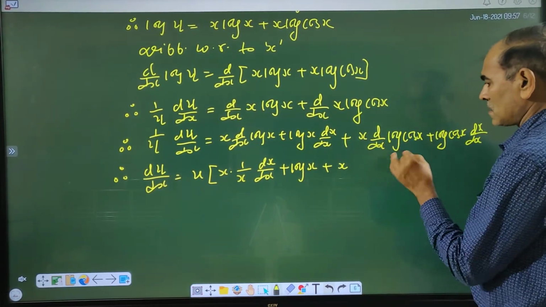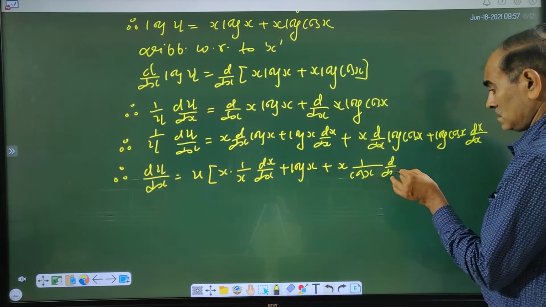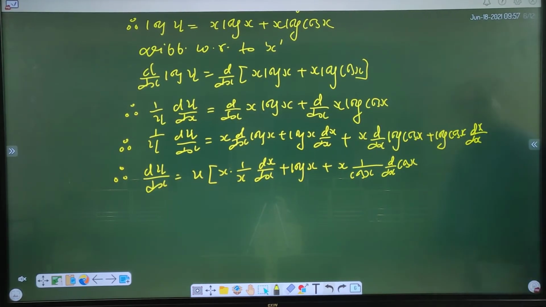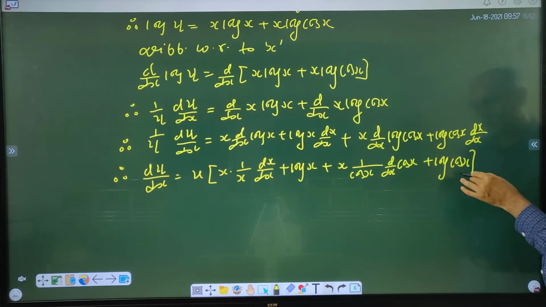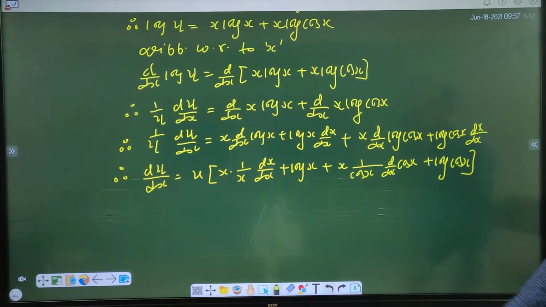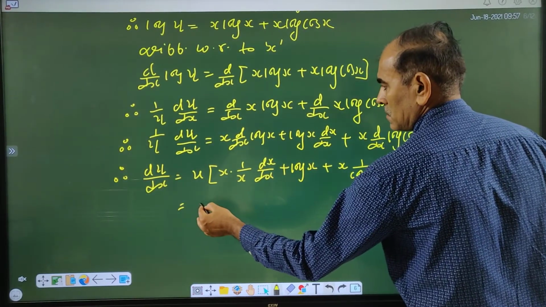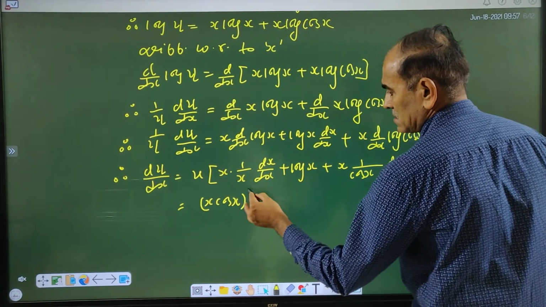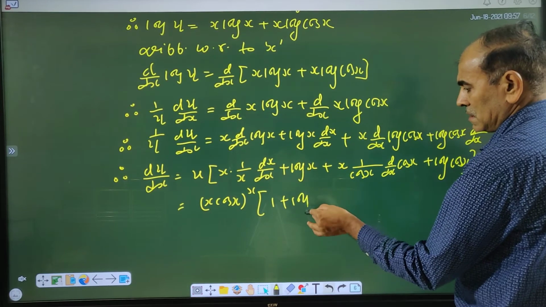Plus x, log of some function, 1 by some function, d by dx of some function. Now replace the value of u. That is equal to x cos x raised to x. Here you get 1. Here we get log cos x.